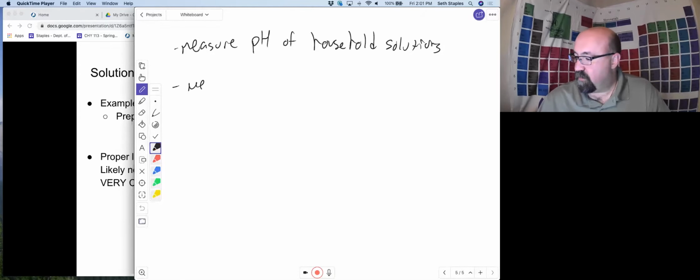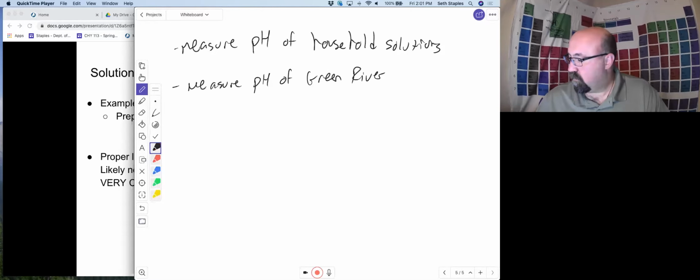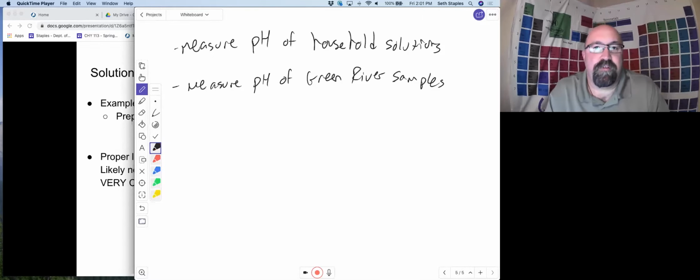And then also measure the pH of your Green River samples. And so those are all of the tasks that we are looking at doing in this lab.